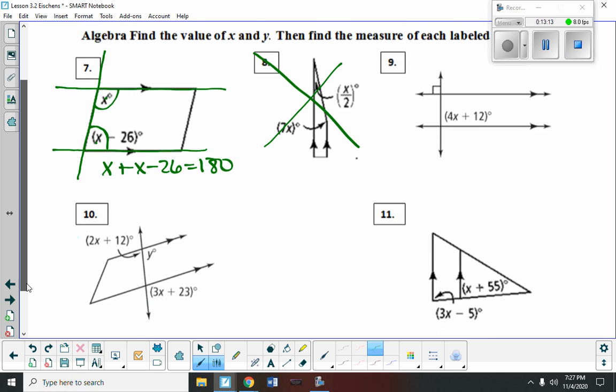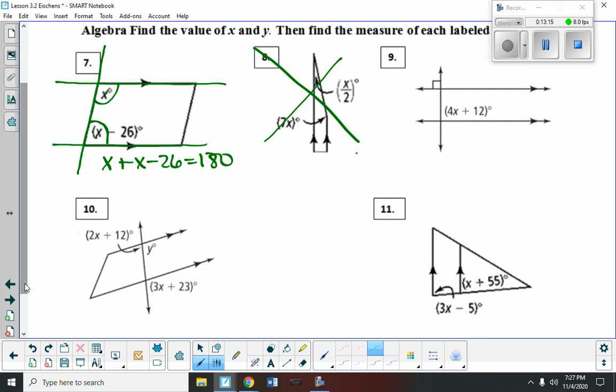All right, let's look at this next one here. Now this one, we have this angle and this. So this is interior, that's exterior. And these are both x's, and that's a y. So let's do this. We know that this angle and this one are vertical angles. So this angle right here is 3x plus 23, and this angle right here is 2x plus 12.